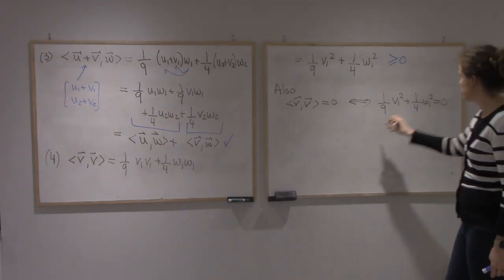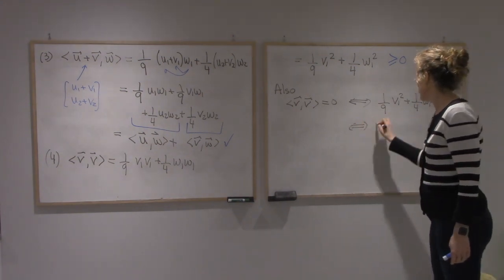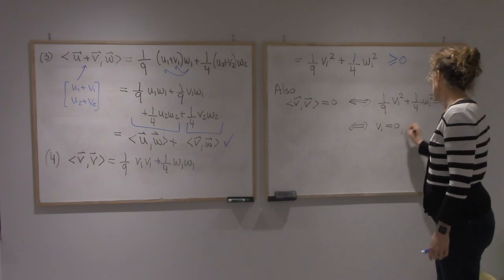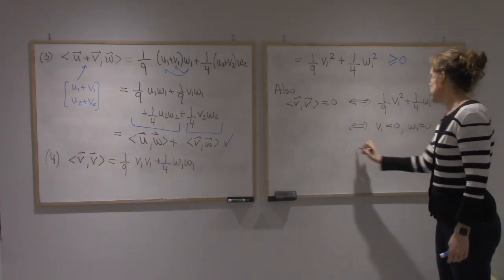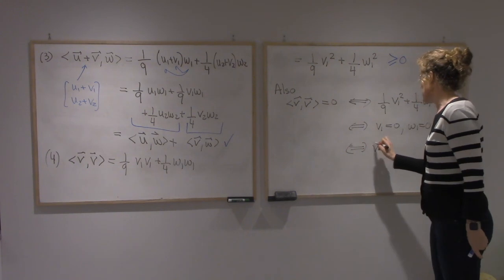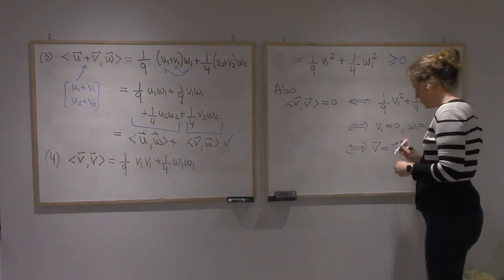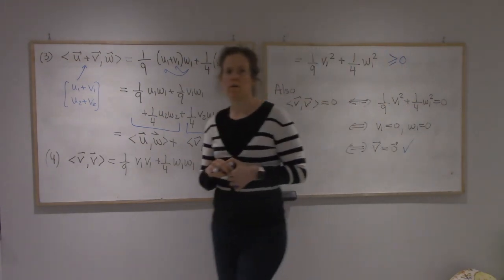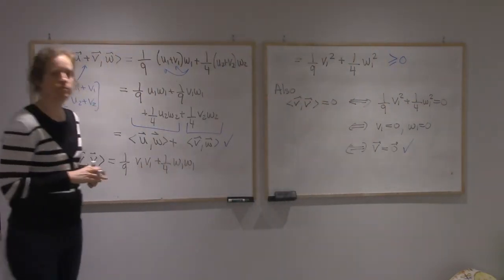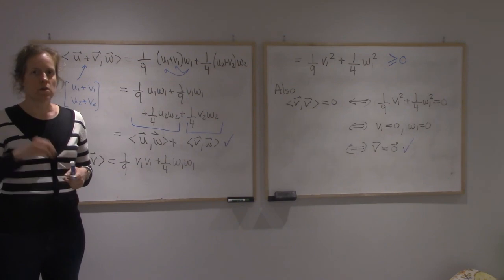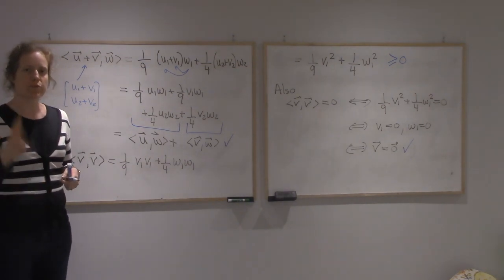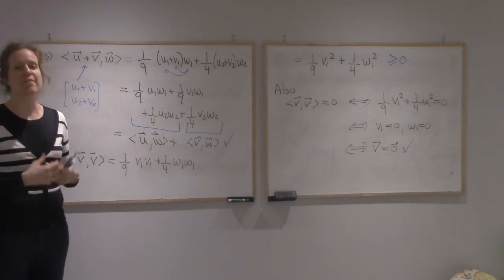So we need both of these to be 0. So V1 is 0 and V2 is 0, and that's the same thing as saying that V is the 0 vector. We proved the 4 properties, so we have an inner product.